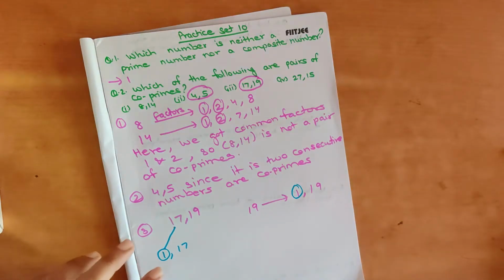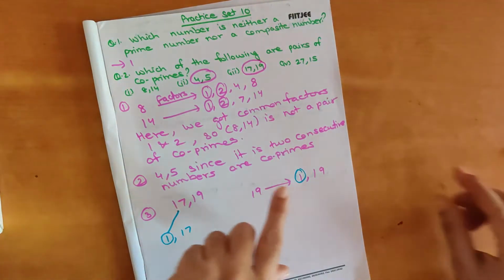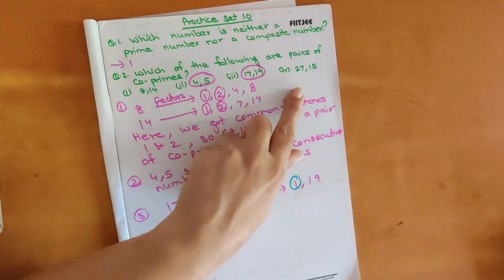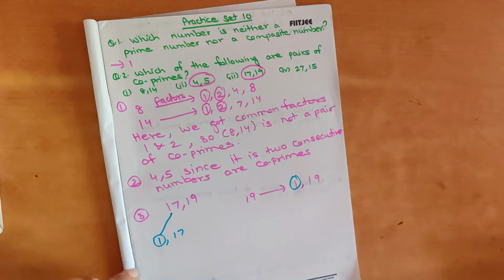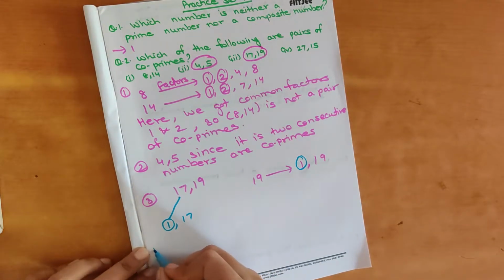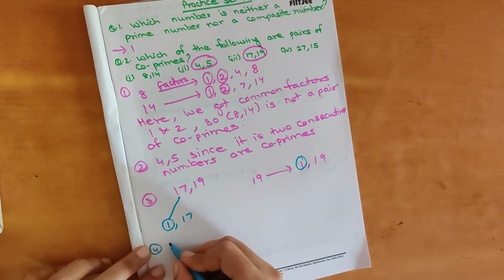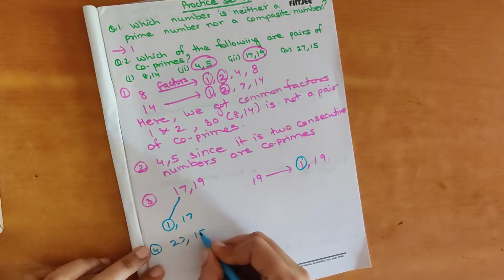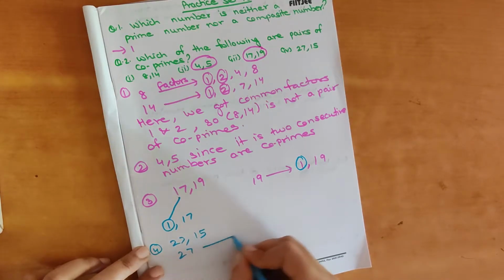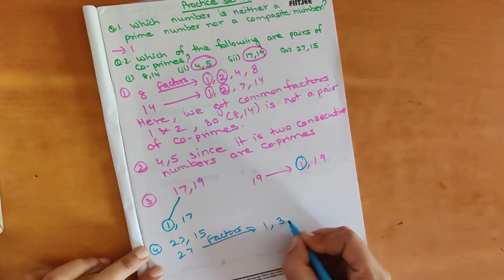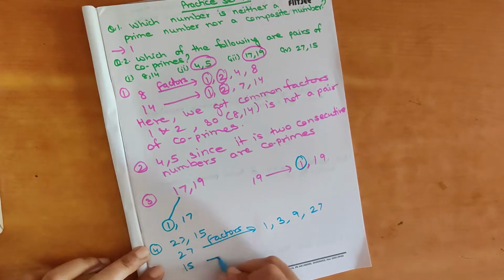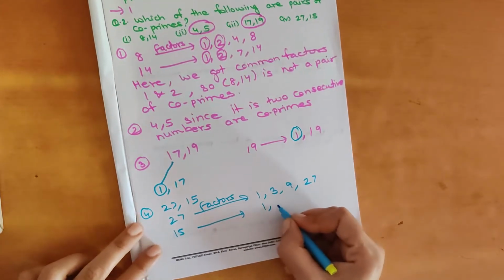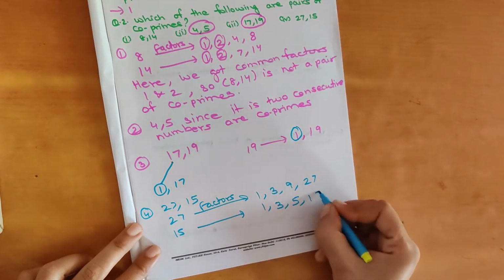If you see 27 and 15, the common factors you will get not only one, others also. Let us see. Fourth one, 27, 15. The factors of 27 are 1, 3, 9, 27, and for 15 you will get 1, 3, 5, 15.